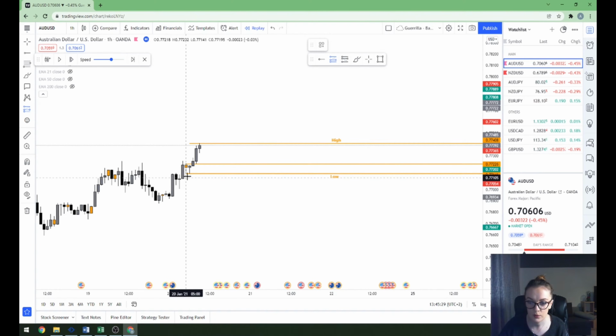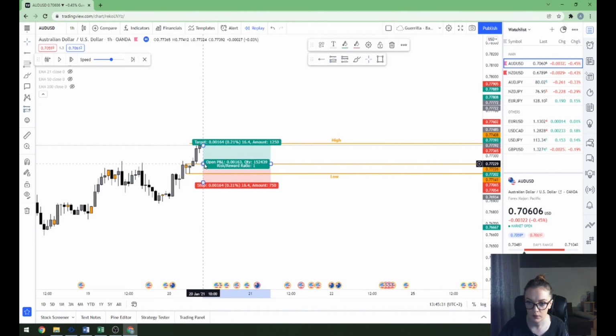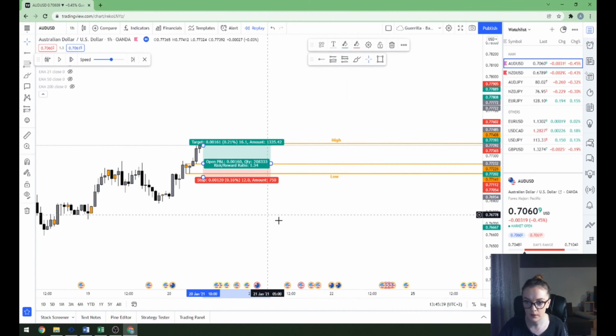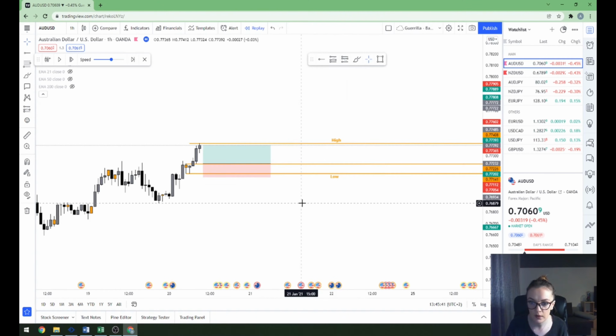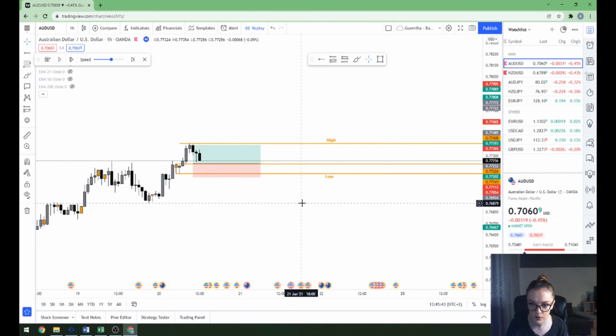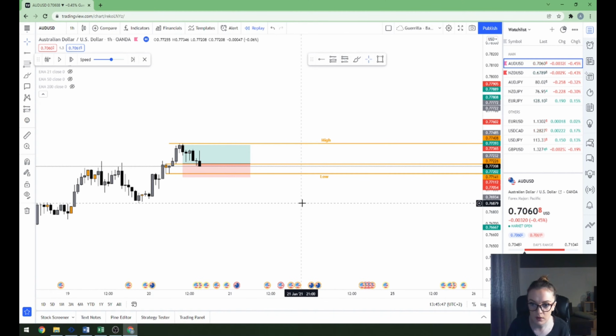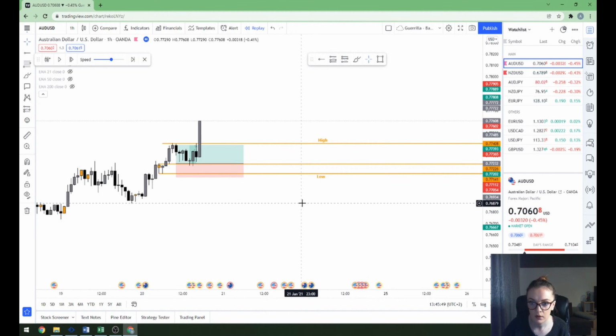High is 232. Okay, 232 with 120 points risk. And let's see if we will get triggered into this position. So now we are in, and let's see what will happen next.